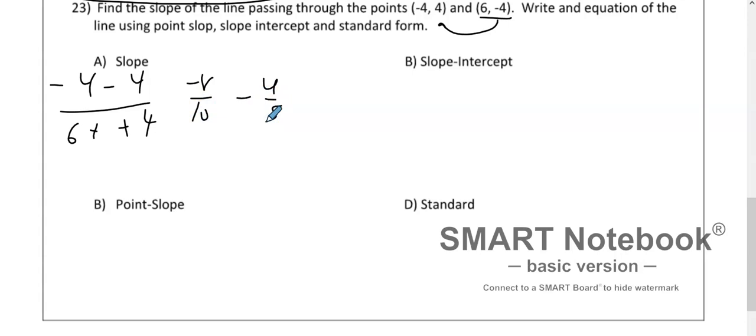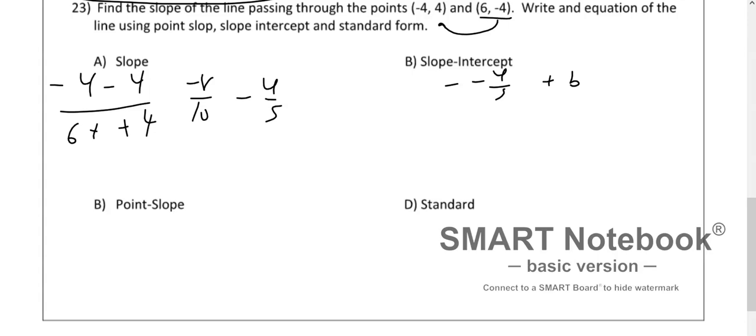Slope-intercept form. Okay. y equals m, negative 4 fifths, x plus b. I'm going to substitute in my y and my x.